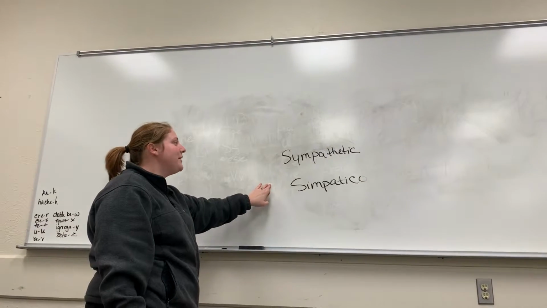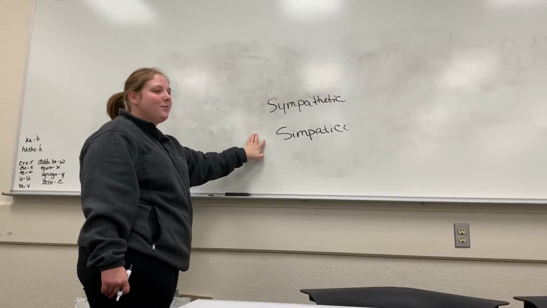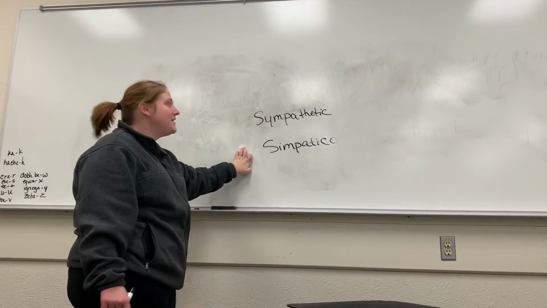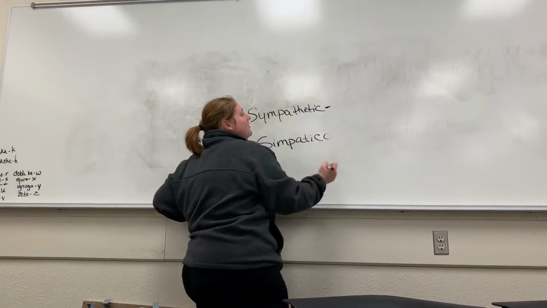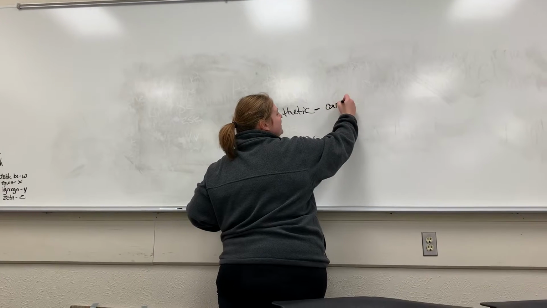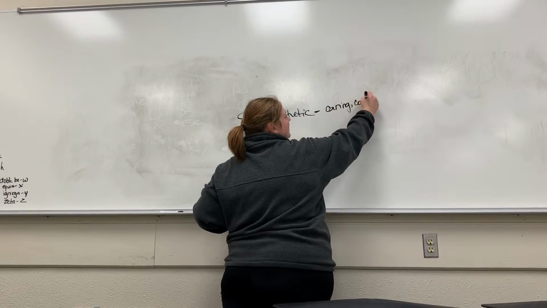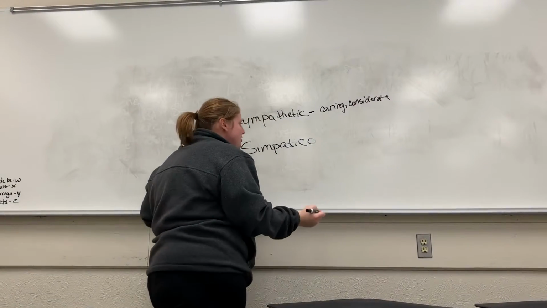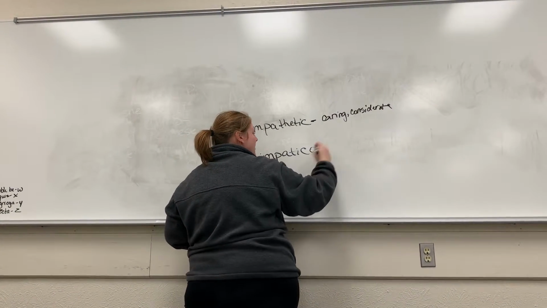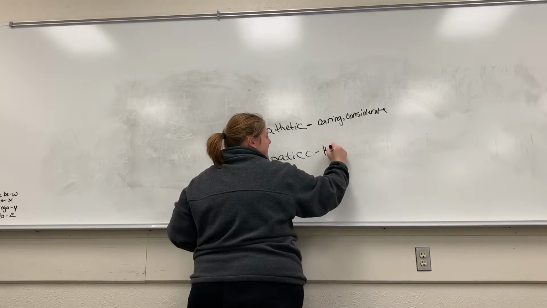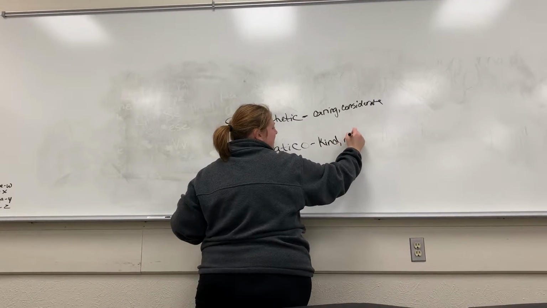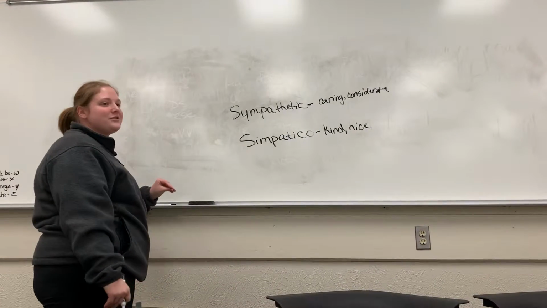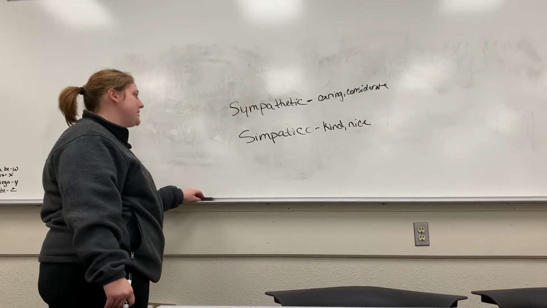They look the same, they're kind of spelled the same, but guess what? They have different meanings. This word here means to be caring and considerate of others, whereas simpático in Spanish is more like a kind and nice person. Now you say they're close. They are very close, but they're different as far as describing people and different things.